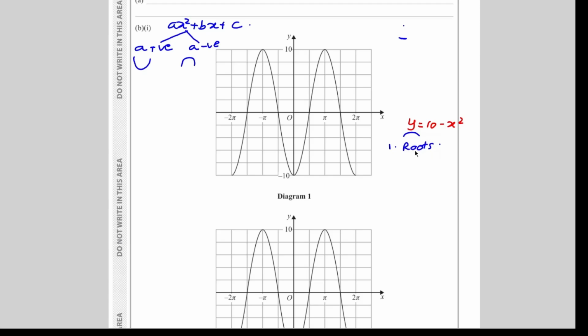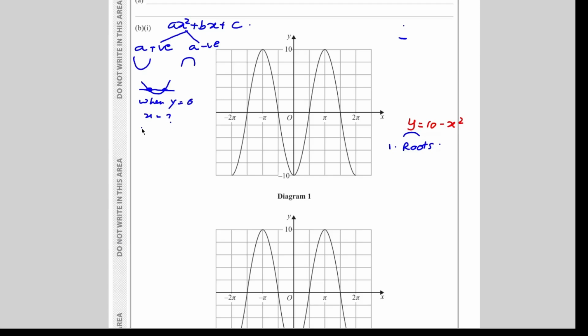Then roots. How do we figure out the roots? Roots mean where this curve cuts the x-axis. We know that when the curve cuts the x-axis, the y coordinate is 0. So when y equals 0, we need to get what x is.